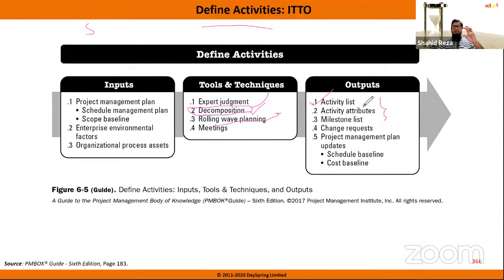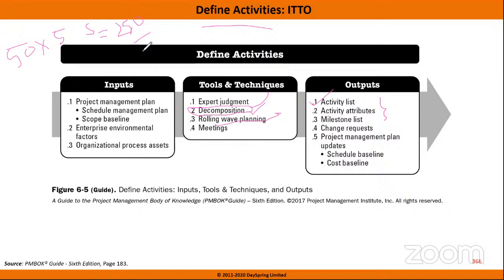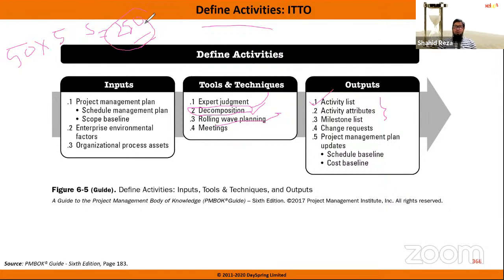If in a project we have, say, 50 work packages, and each work package is broken down on average into 5 activities, how many activities in our project? 250, right? If you can complete these 250 activities, your project will be completed. So this is the activity list, listing all the activities in your activity list document.